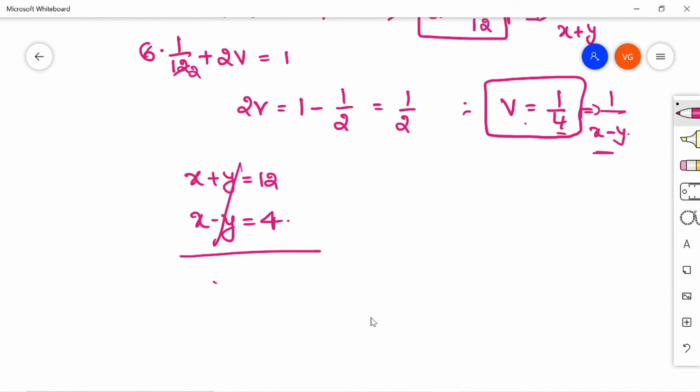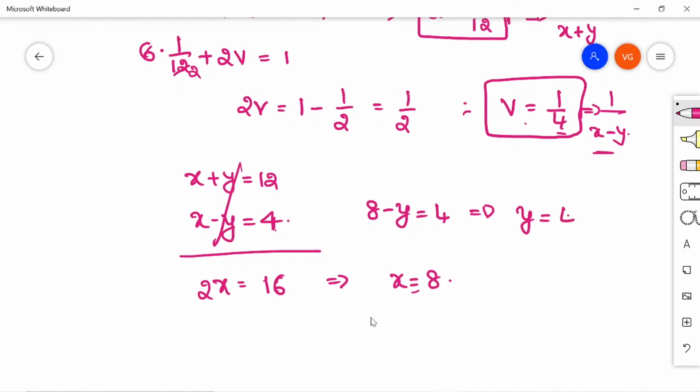So adding, the y cancels here. So 2x is equal to 16, right? So x is equal to 8. Put x is equal to 8 here: 8 minus y is equal to 4, which implies y is equal to 8 minus 4, that is 4.